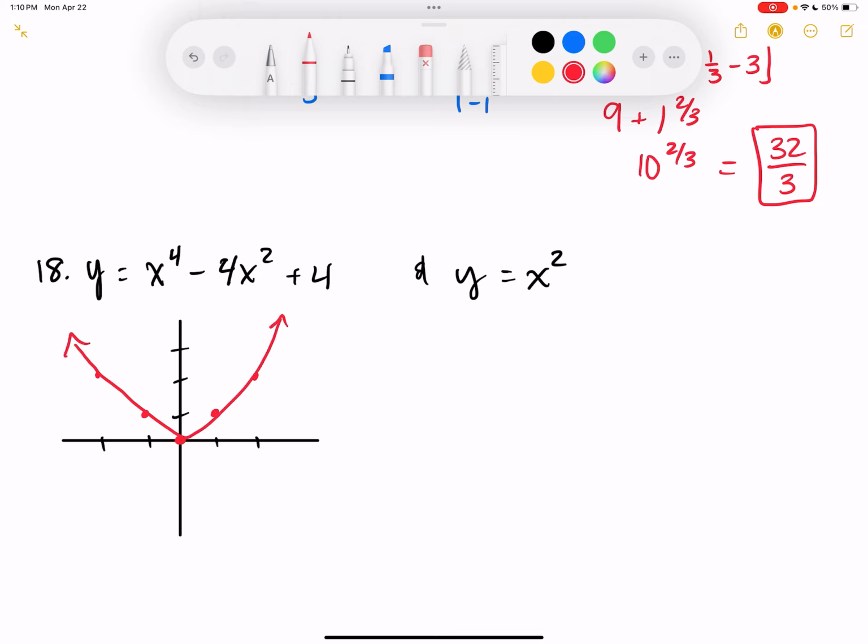So, I would plug in 0. At 0, I'm at 4, so that's up here. At 1, what do you get if you plug in 1? You just get 1. So at 1, it's at 1. How about at negative 1?